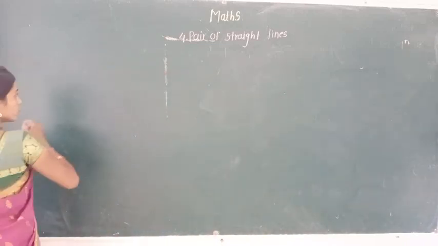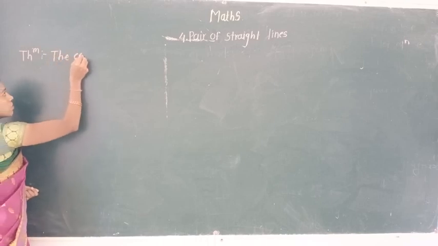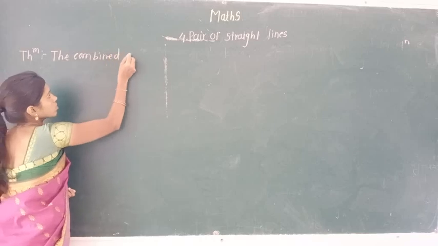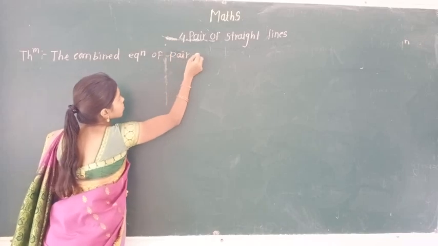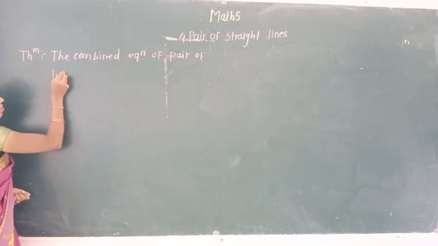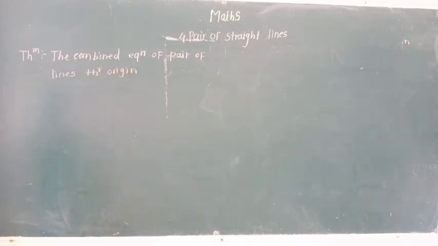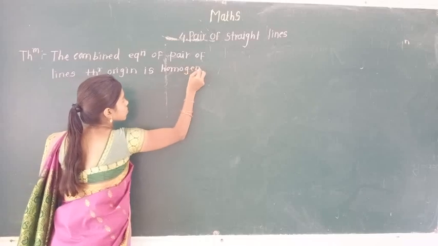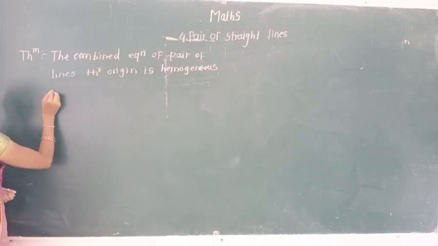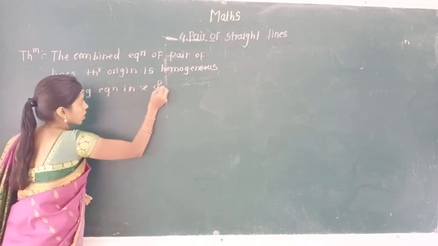The combined equation of pair of lines through origin is a homogeneous second degree equation in x and y.